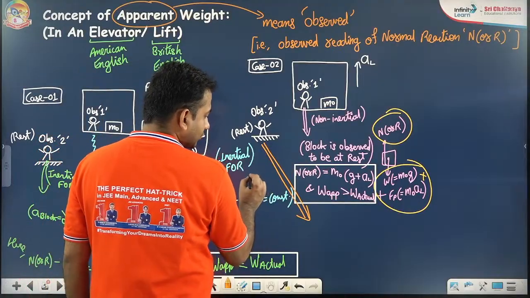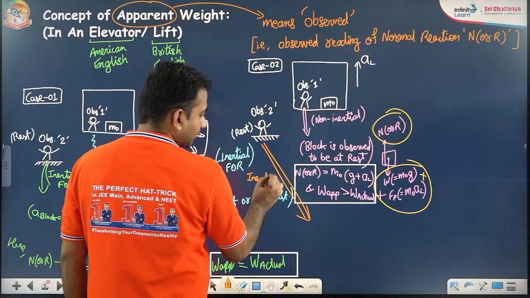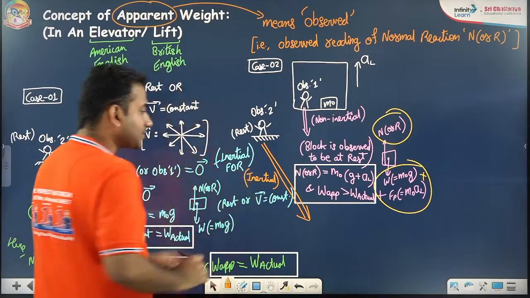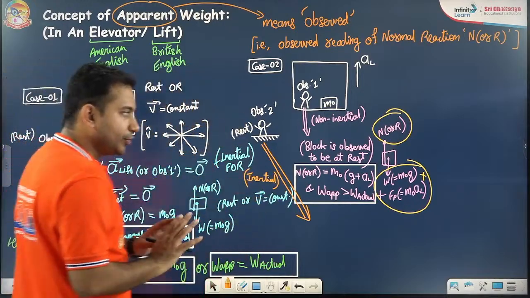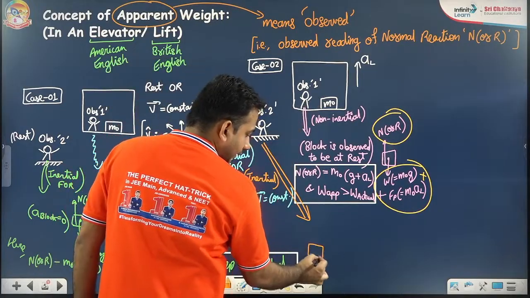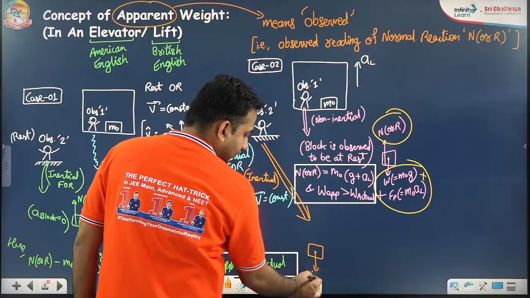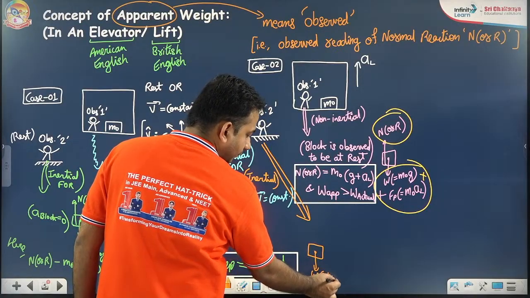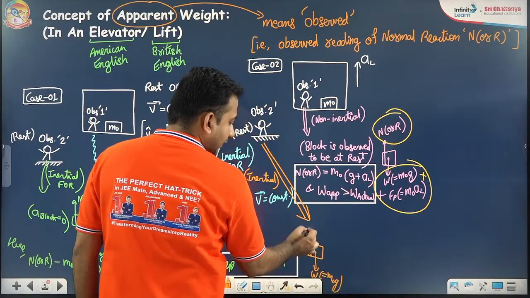So if I want to consider his observation, then he is going to be an inertial frame of reference because he was at rest. So no pseudo force. Then what he is observing on the block, he is observing that there is some W equals m naught g on the block. There is a normal reaction on the block.